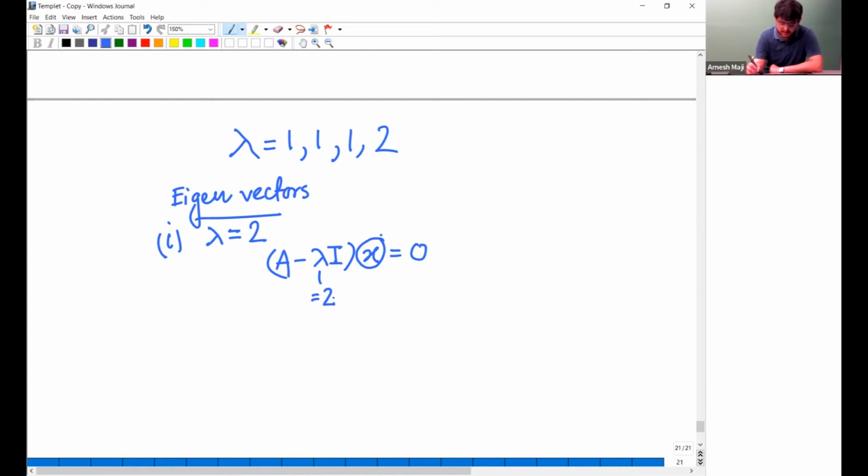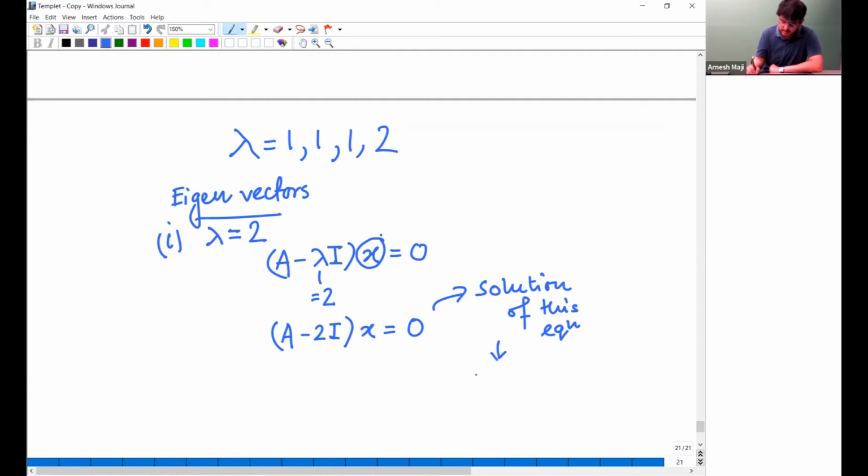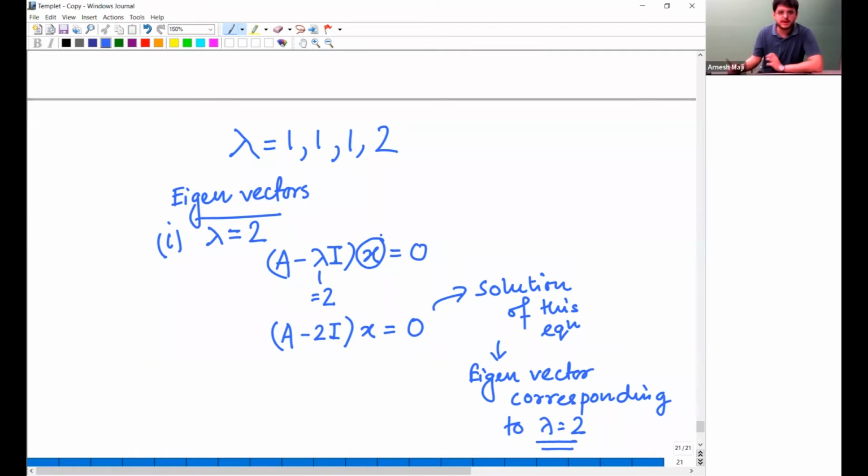So what we will do is solve the equation A minus 2I times x equal to 0, and the solution of this equation will give us the eigenvector corresponding to lambda equal to 2. So this is how we get the eigenvector.